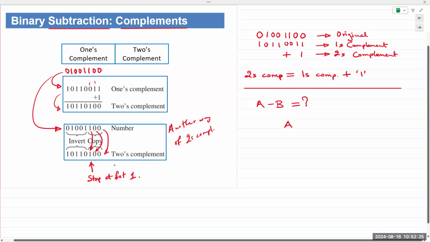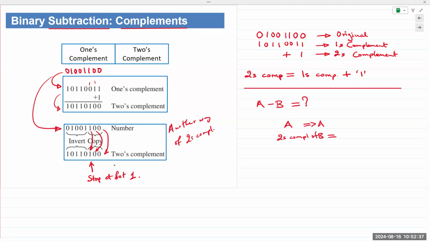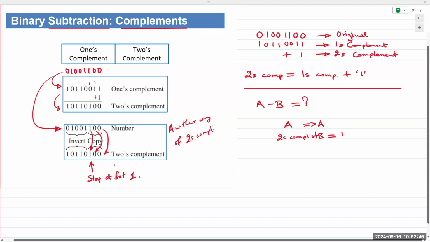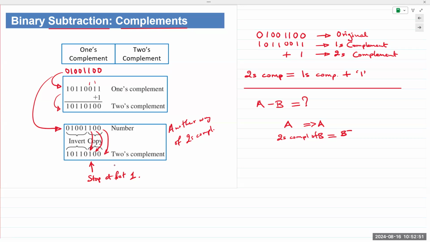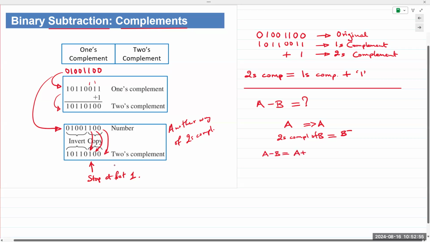We would take the 2's complement of B, and let's call it B minus, just for this example. Then the answer for A minus B is simply A plus B minus.